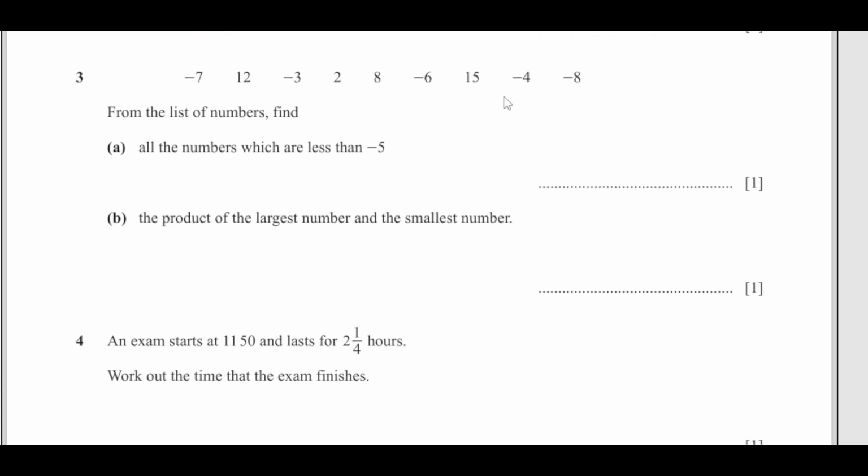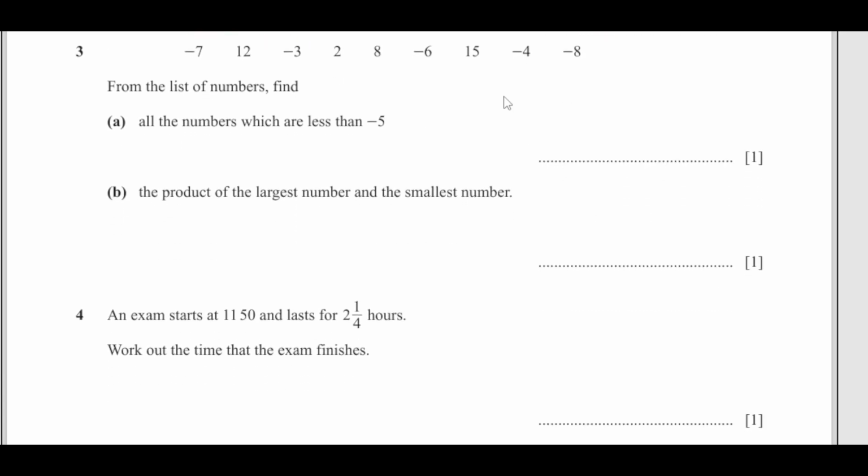Okay, now number 3, we have some numbers here. From the list of numbers, find all the numbers which are less than -5. So less than -5 we can see we have here -6, we have here -7, which is also less than, and -8. So I will write down these numbers here: -6, -7 and -8.